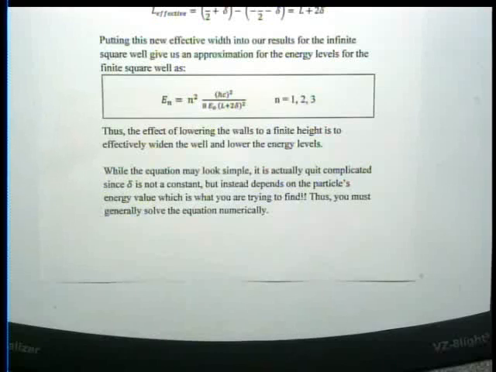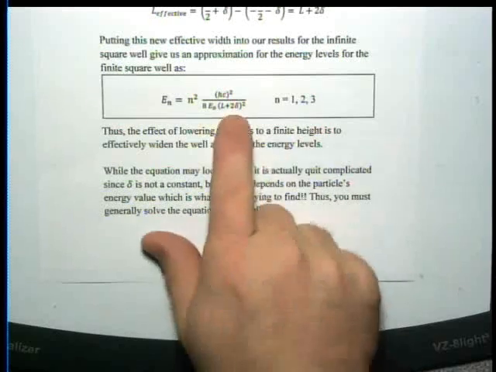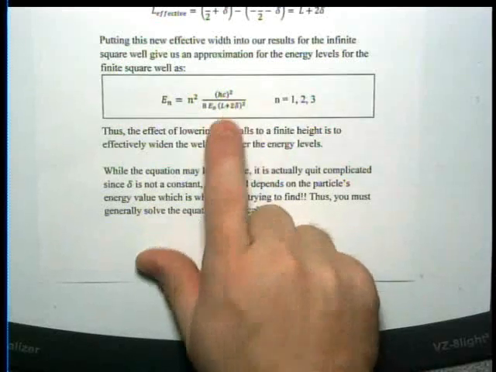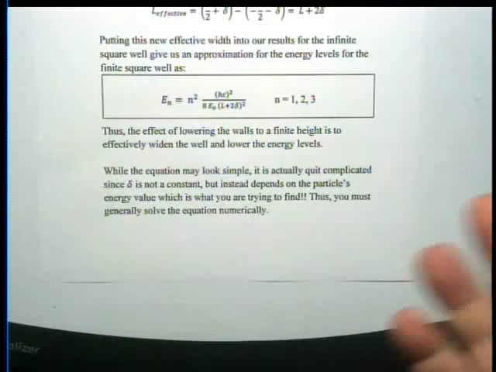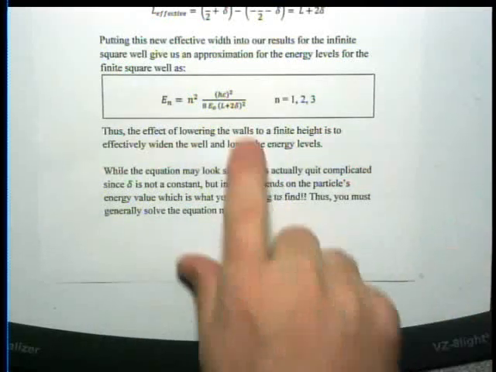So as you make the well wider, and you're not having these massive interactions at the corners, the effect of that is to drop the energy levels so that they're closer together and that they're deeper. To make that, on the other hand, go to 0, is to make those energy levels go up.